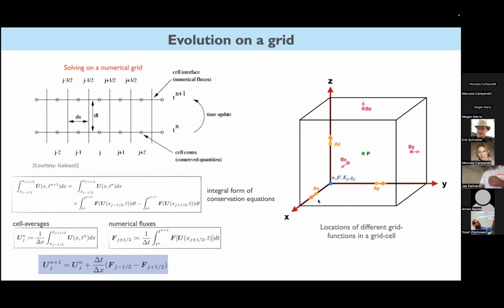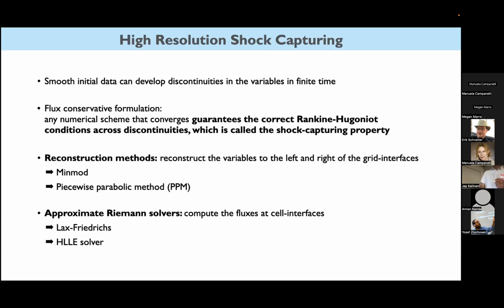And you have your vector potential, in case you choose to evolve the vector potential, typically living on the edges. And so does the electric field. And you might also choose to have your metric components either at the cell center, which is typically the case when you're performing simulations with Carpet, or these might be located at vertices in the case of CarpetX.